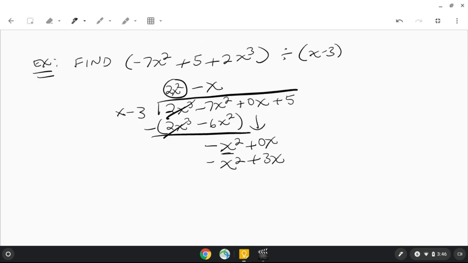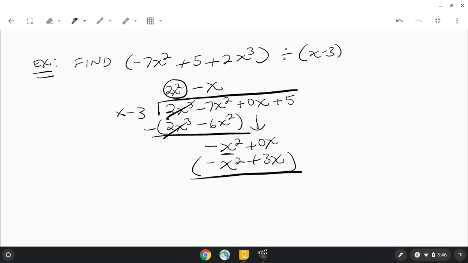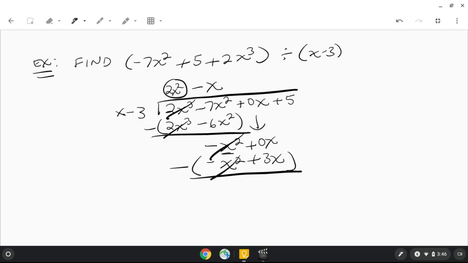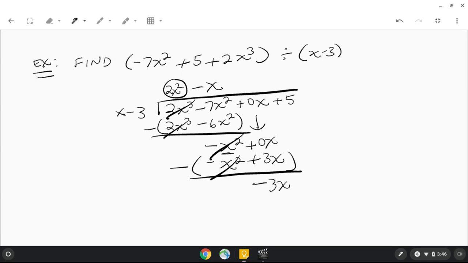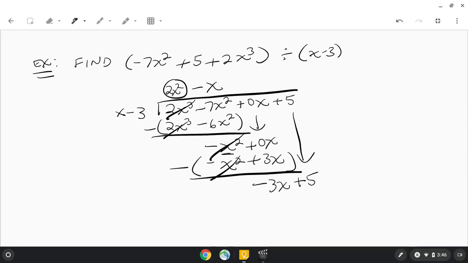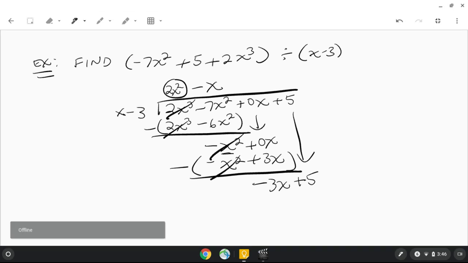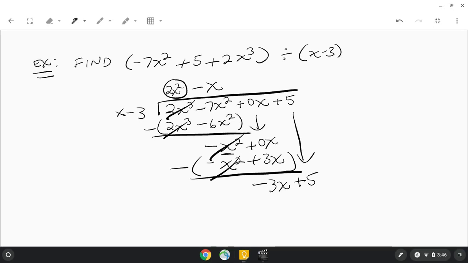We're going to subtract this. These cancel out. We end up with negative 3x plus 0x, which is negative 3x, and I will bring down the plus 5. Again, using just the leading term x, ignoring the minus 3 part, x times what is negative 3x? So x times negative 3.